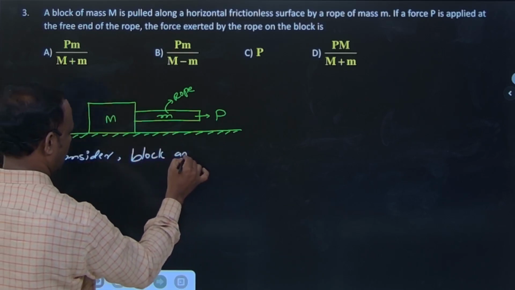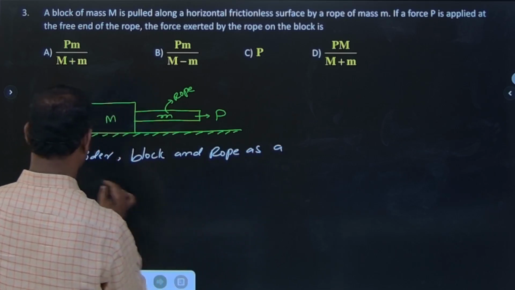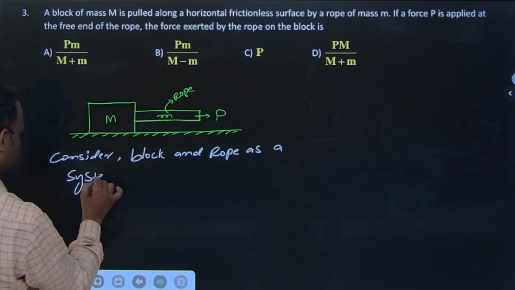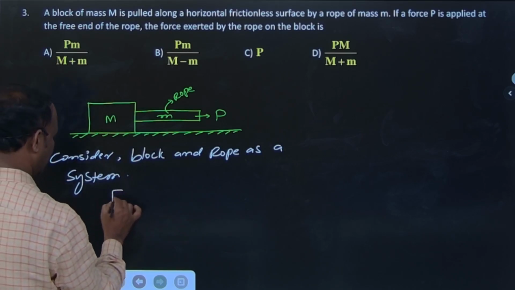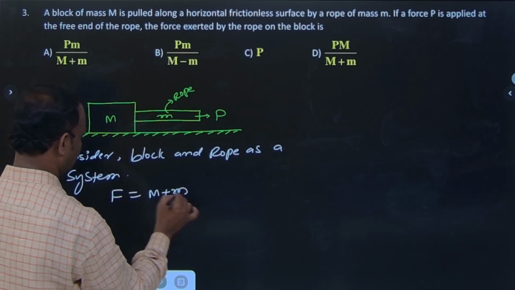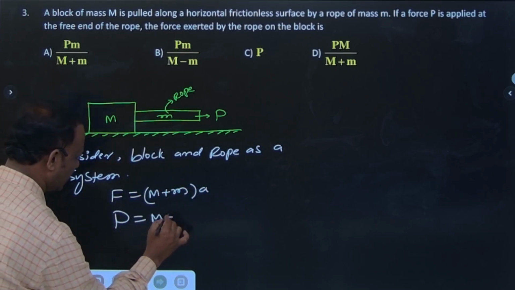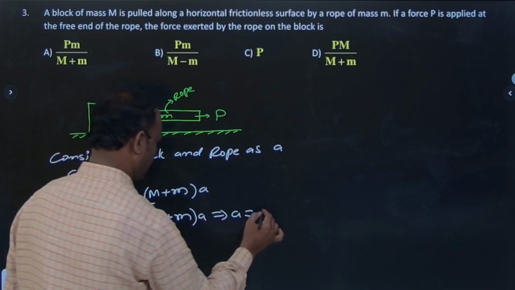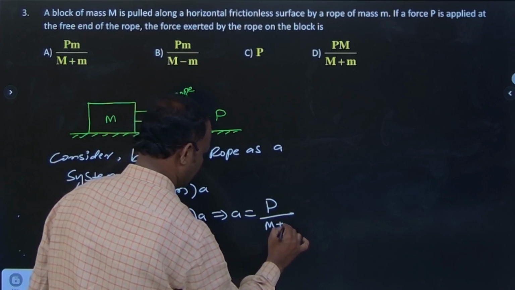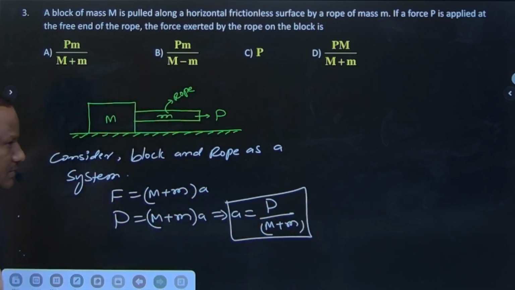Then force F is equal to capital M plus small m into A. Here F means P, so P is equal to capital M plus small m into A. The acceleration A is equal to P by capital M plus small m.